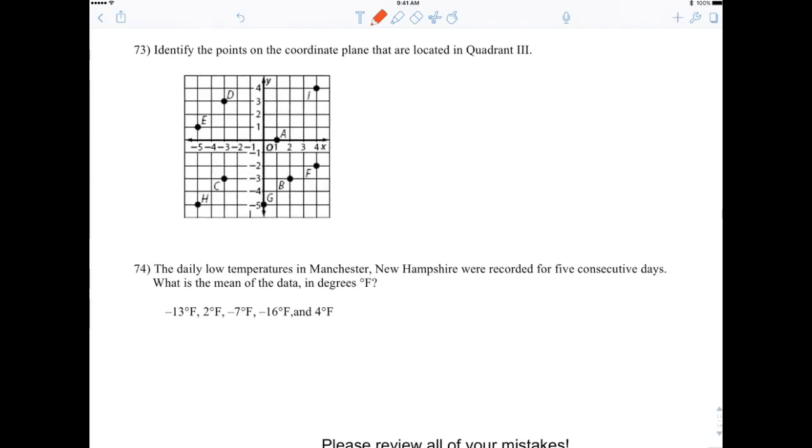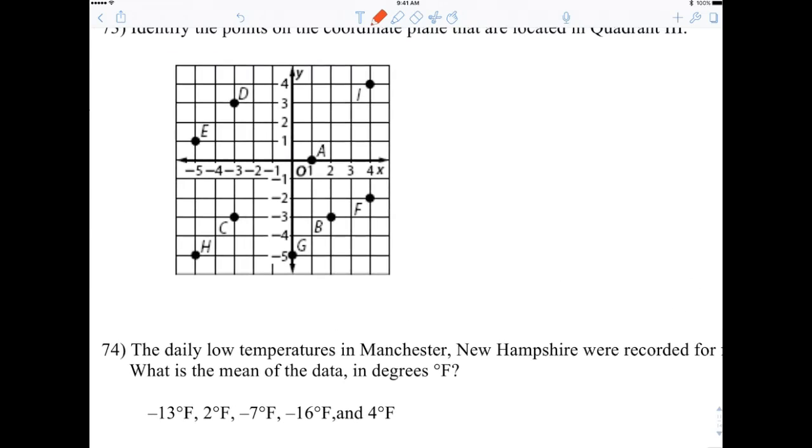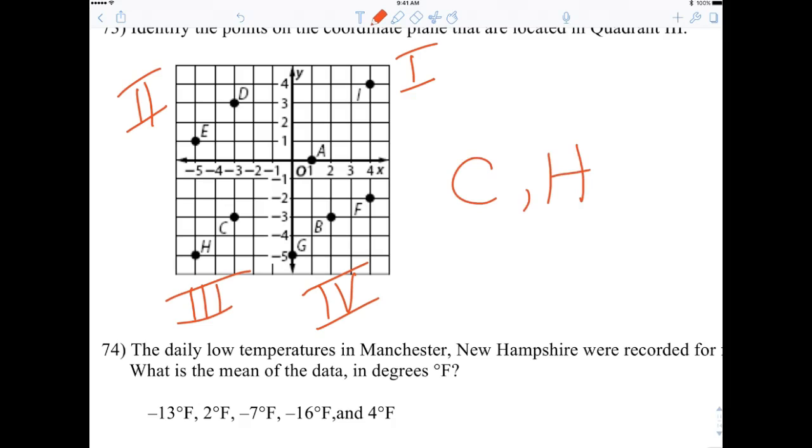So what I want to do is rename the quadrants again just to practice. 1, 2, 3, and 4. So what points are in there? C and H. Very good. C and H. Stay with me, boys. We're almost done. All right, C and H are the answers.